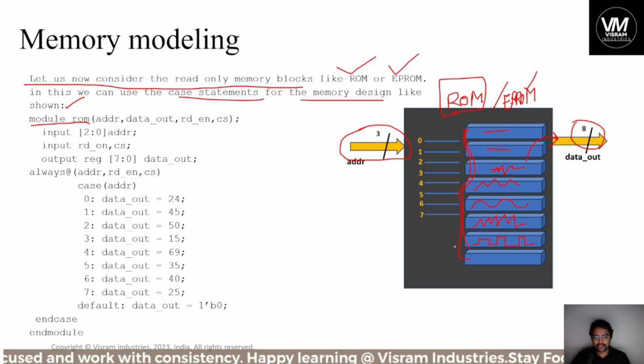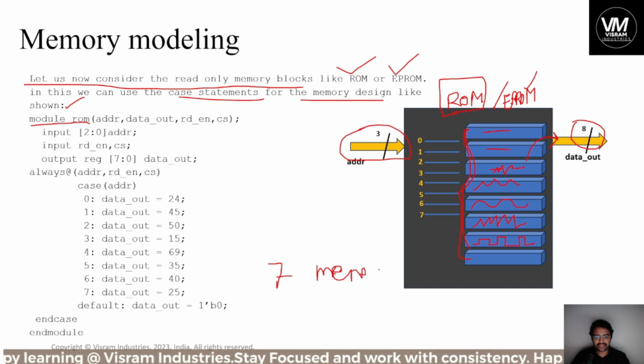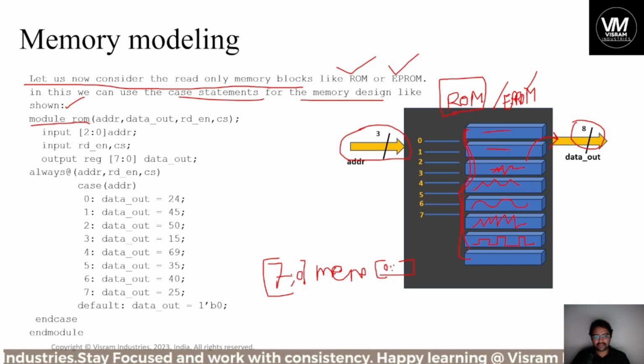If you want to mention this memory register, as it's only read, we have 8 memory locations and each has 1 byte of data, let us assume.